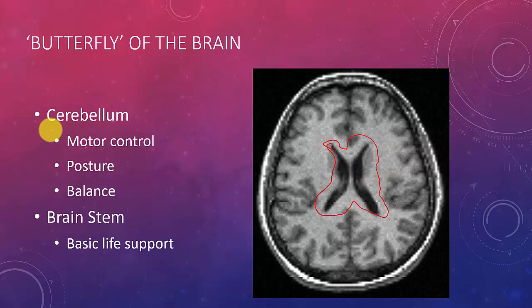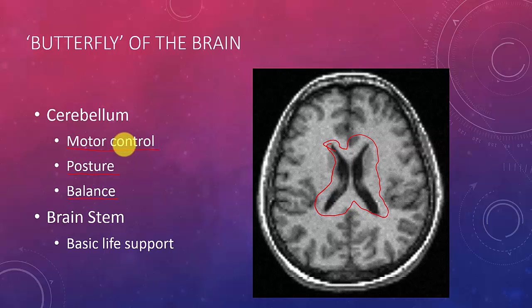Now, what does the cerebellum do? The cerebellum controls all motor functions, okay, our posture, and our balance. So if something goes haywire in our cerebellum, we're not going to have very good balance. Our posture is going to be very off-kilter, and we're going to have very poor motor control. So motor control can be anything from raising your arm all the way down to making your tongue work with your upper mouth to create syllables.